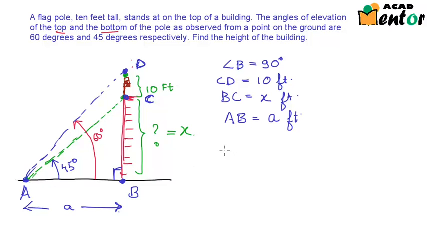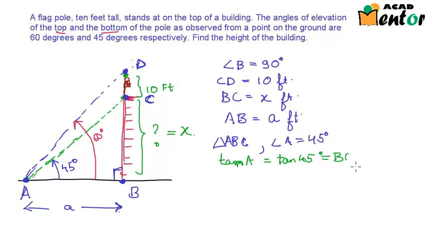So let's first consider triangle ABC. Here, if we consider angle A, which is equal to 45 degrees, we can see that tan A is equal to tan 45 degrees, which is equal to the opposite side, that is BC, by the adjacent side, and the adjacent side is AB.